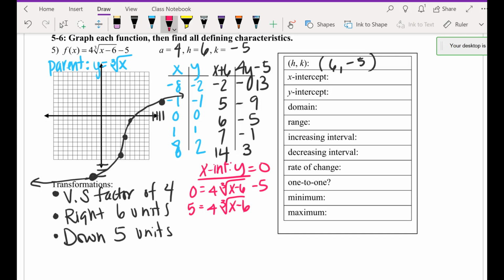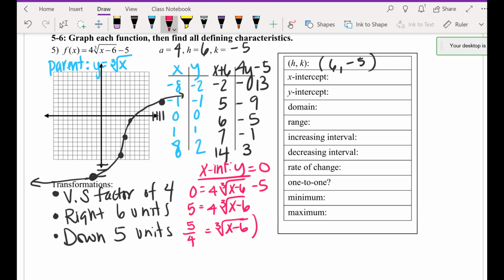You are correct. Divide both sides by 4. So 5 fourths equals cube root of x minus 6. What do you do next in this one, Jason? Cube it, both sides.